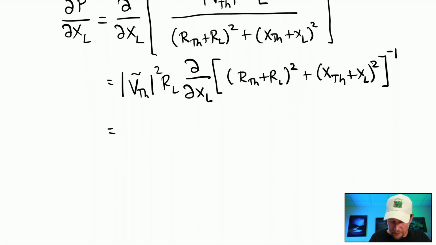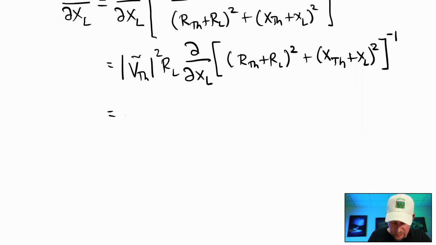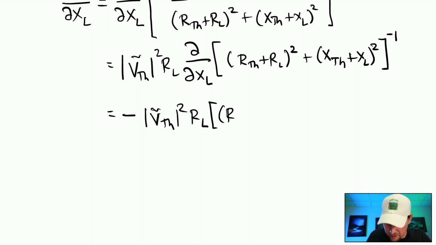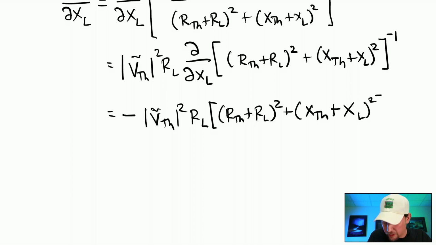So we have the -1 that's going to come out. We have Thevenin voltage magnitude squared times R sub L. Now I'm going to again subtract 1 from this monstrosity. So it's the Thevenin resistance plus the load resistance quantity squared plus Thevenin reactance plus load reactance quantity squared.